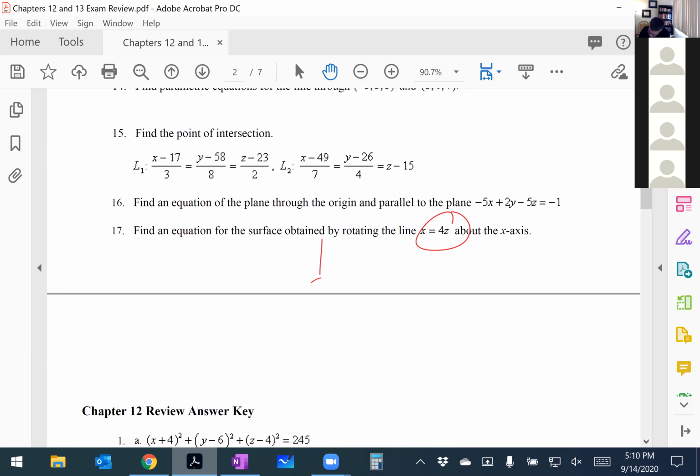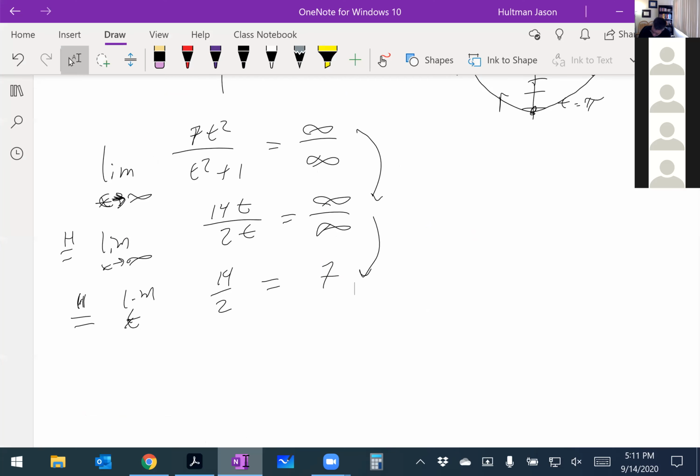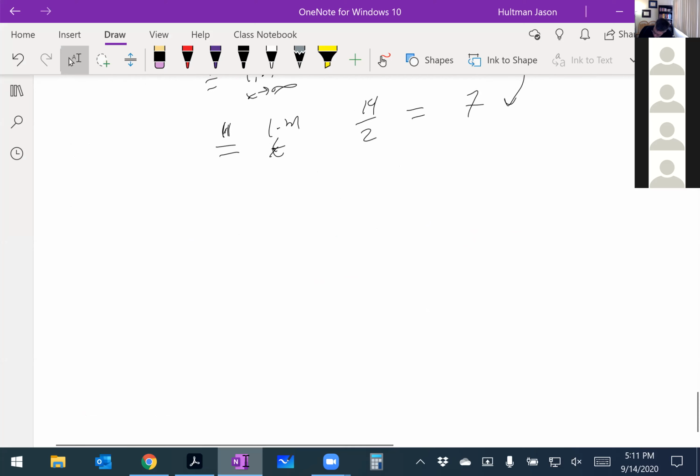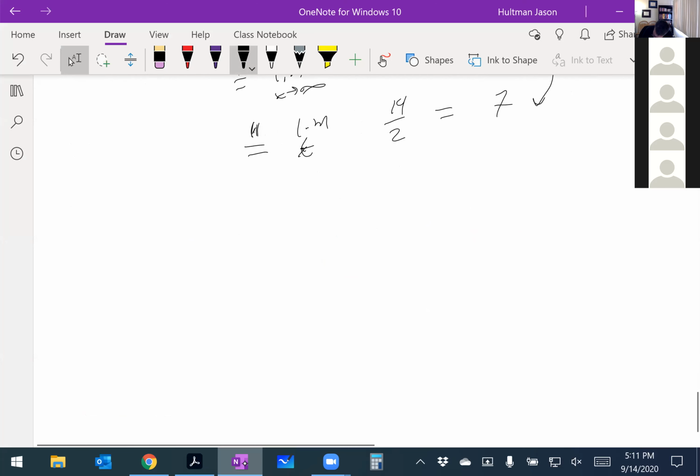Okay, so just draw your axis. So x equals 4z.